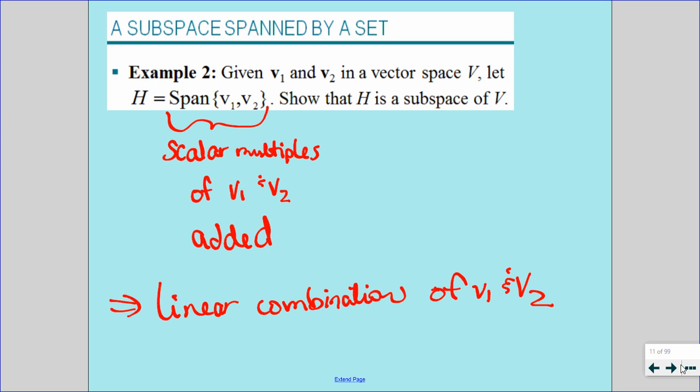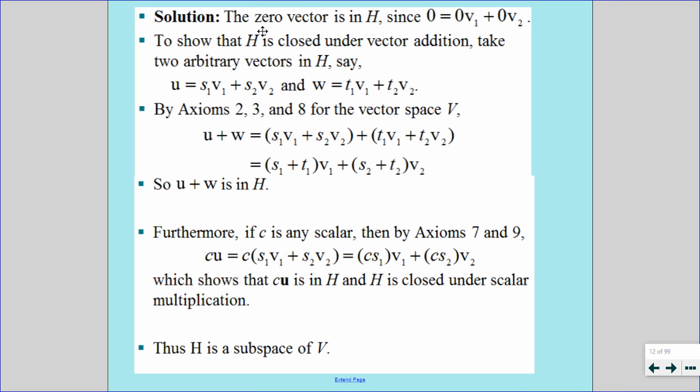So let's look at how to prove that that is a subspace. The first thing we have to prove is that if you take a span of V1 and V2, you can get the zero vector. The way you get the zero vector is by doing a linear combination of V1 and V2, but the scalar quantities are both zero.